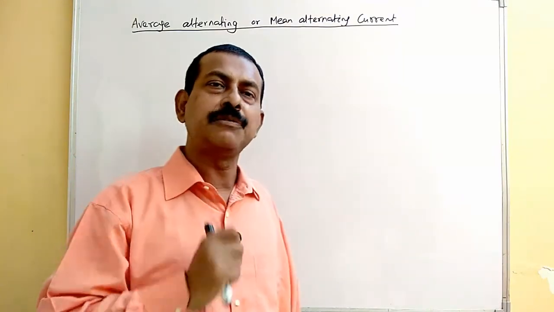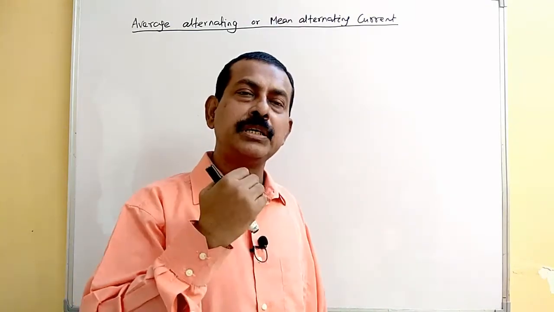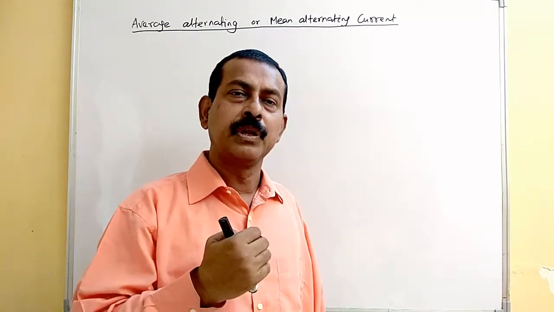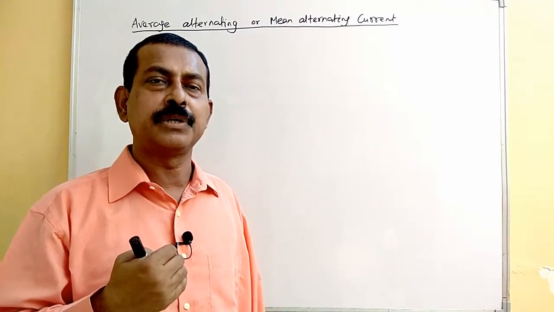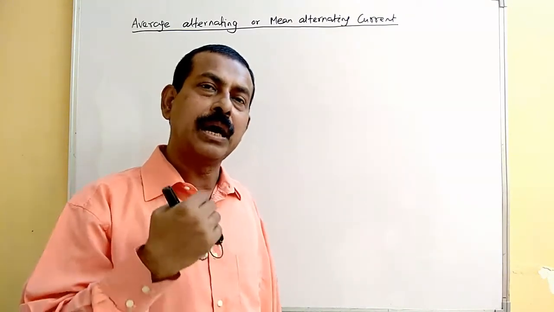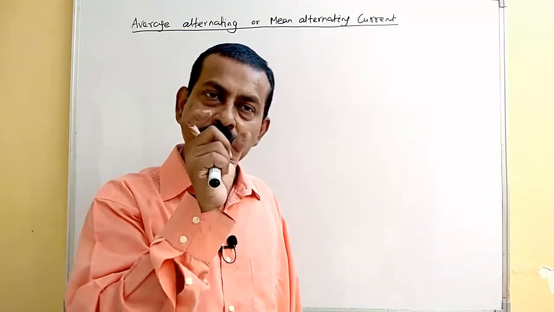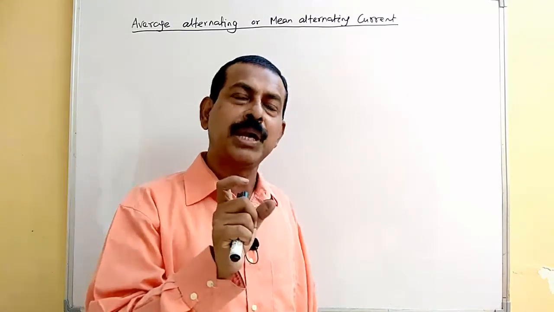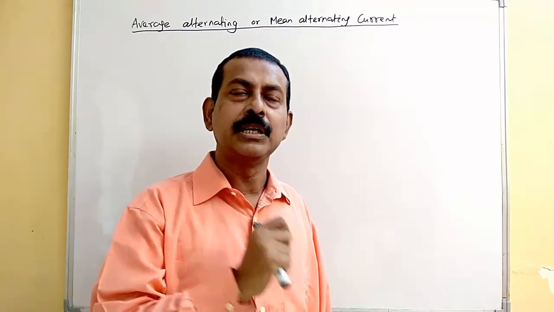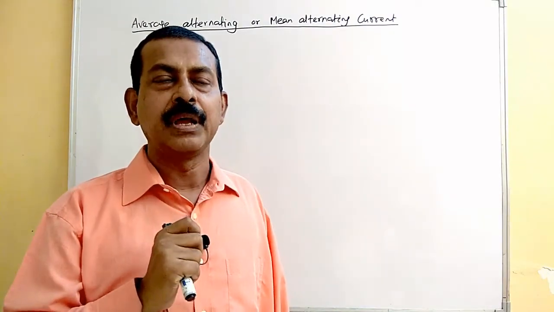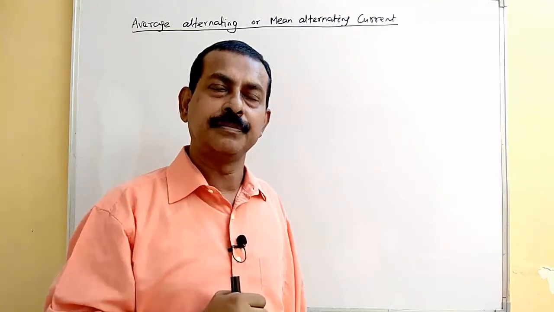This is the constant value of current, or you can say this is the constant direct current, which will send the same amount of charge in the same duration of time as supplied by alternating current in its half cycle.